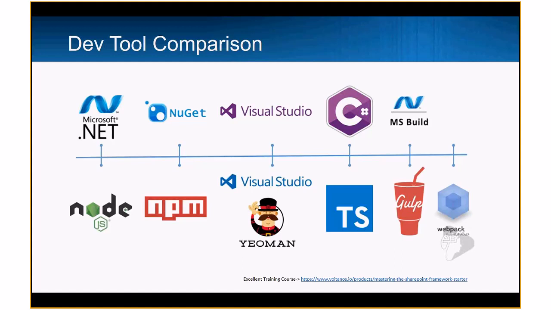We're going to use Visual Studio Code, which is that blue Visual Studio, all right? Which is not the Community Edition. You could use the Community Edition, but I'm going to show the Code Edition, which runs on Mac and Linux, all right? And Yeoman, which is the solution generator.